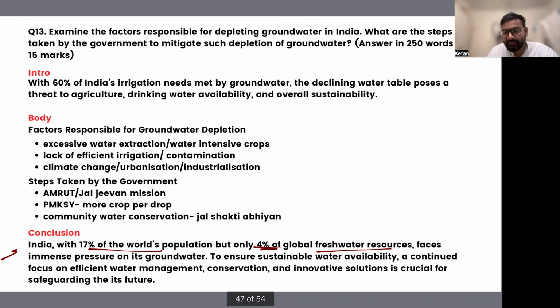So you see the pressure on the availability of freshwater resources is quite high, and therefore India faces immense pressure on its groundwater. Now, to ensure sustainable water availability, continued efficient water management, conservation, innovative solutions are very crucial to safeguard India's future. Okay, so this is a good conclusion. This way you can tackle this question.